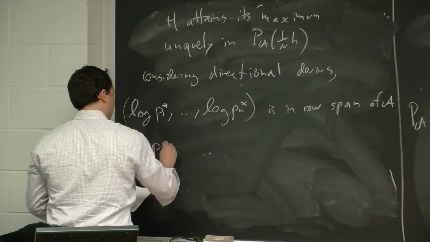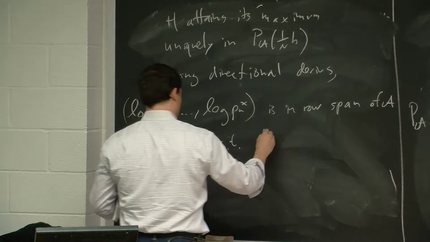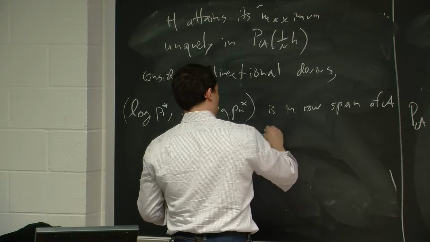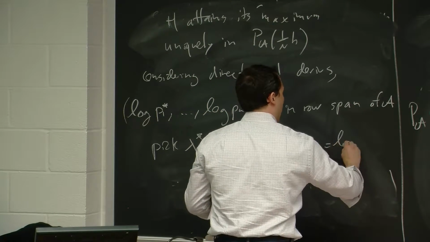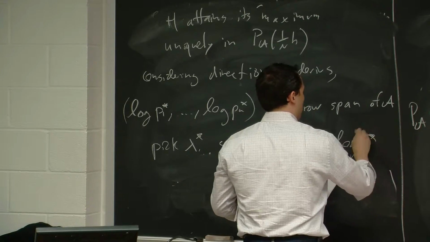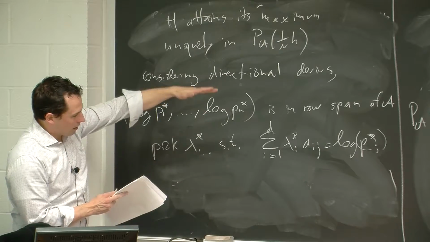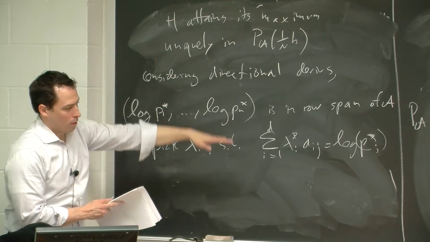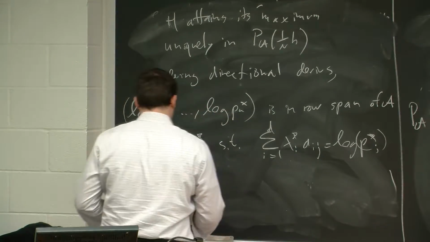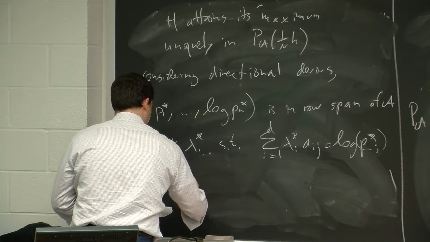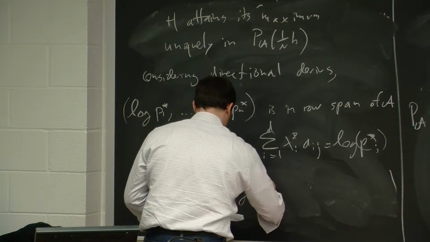And we just pick a lambda star such that, I should think of my lambdas as being weights. I have this matrix A, and my lambdas are weights. It tells me how to add up the rows in order to get this vector of log probabilities, i.e. lambda star A is equal to log P star.